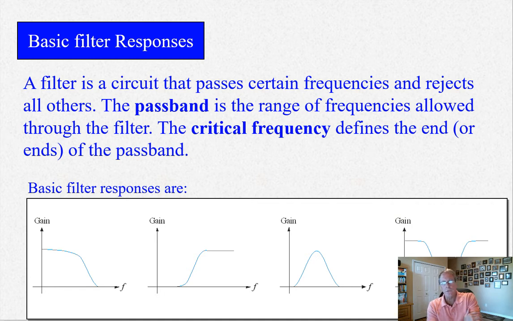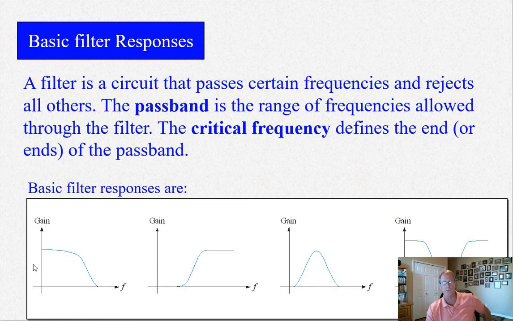Okay, so most or all of you should have had a good bit of exposure to filter technology or filter circuits in your AC circuits class, and also quite a bit in the semiconductors class, high pass, low pass in particular. Here's a diagram of some basic filter responses.